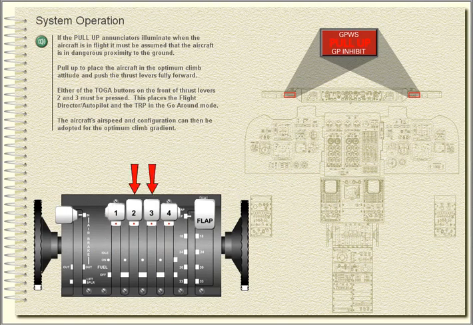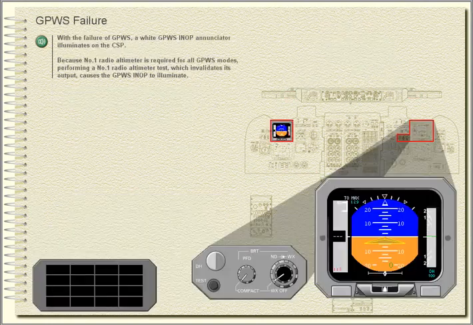Either of the TOGA buttons on the front of thrust levers 2 and 3 must be pressed. This places the Flight Director, Autopilot and the ATS in the go-around mode. The aircraft's airspeed and configuration can then be adopted for the optimum climb gradient.